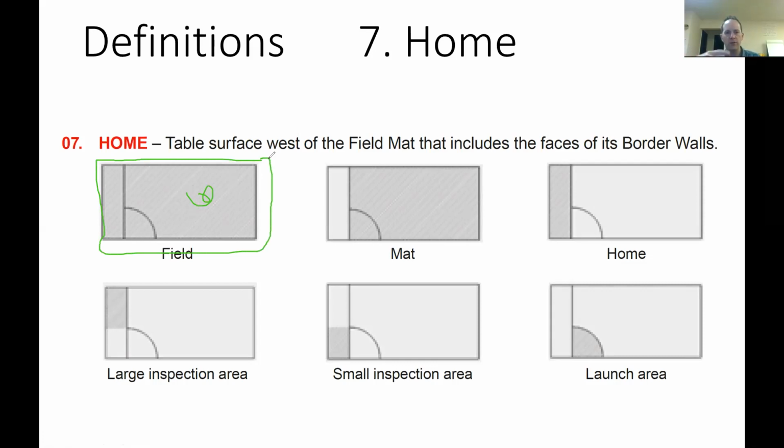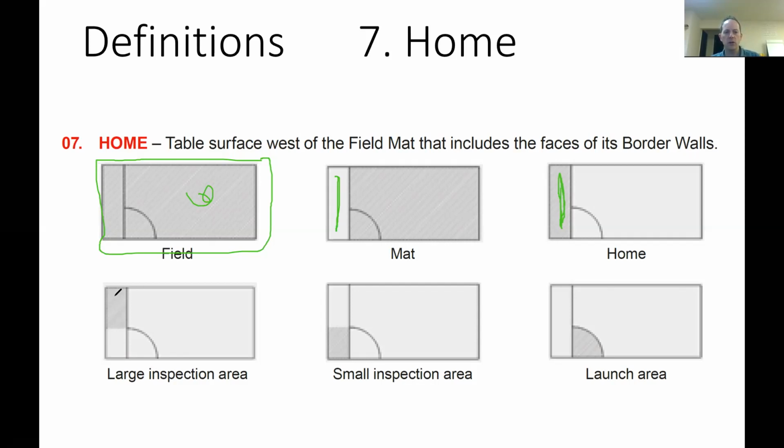This area here is the mat, and this area here doesn't have any mat on it, and that becomes home. So home is sort of where you keep everything that's not being used at that instant out on the table. In the past, people had carts or buckets or bins or whatever to put their stuff in. You can use those to bring your stuff to the table, but then you've got to put it all in home.